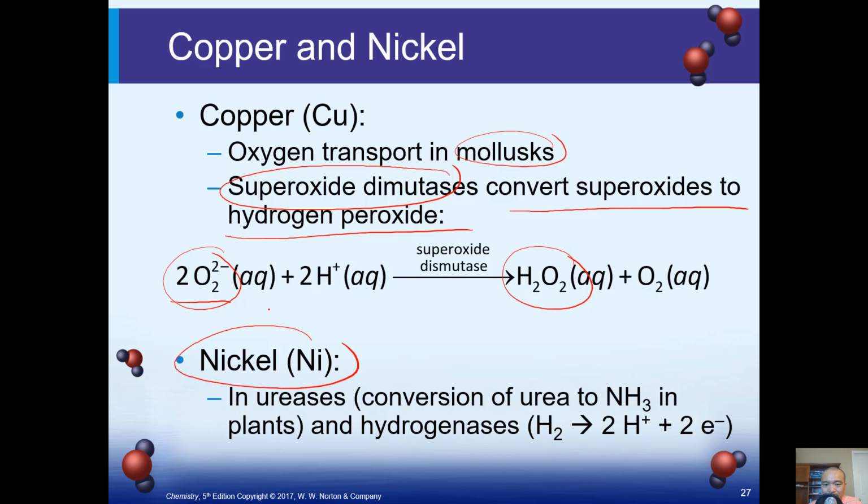Nickel is an important component in ureases, which are responsible for the conversion of urea to ammonia in plants, and in hydrogenase enzymes responsible for the oxidation of hydrogen to H+ ions.